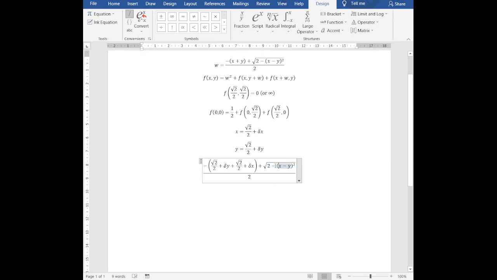This is going to be minus delta x minus delta y, because the square root of 2 over 2 is going to cancel. Okay, I'm going to again divide that by 2, pull the square root out front. I'm then going to Taylor series expand this, which will give me this. That's a formula that eventually you learn to have off the top of your head.